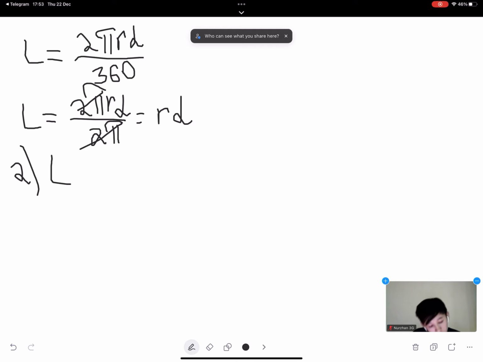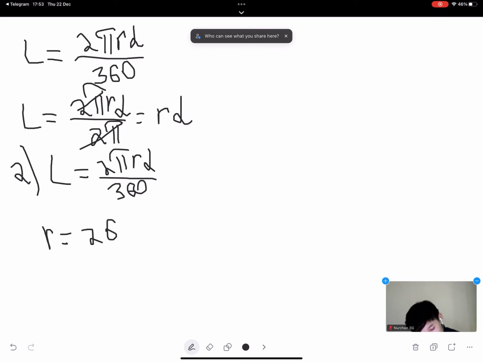L is equal to 2 pi R alpha over 360, and this R is equal to 26, and alpha is equal to 58.